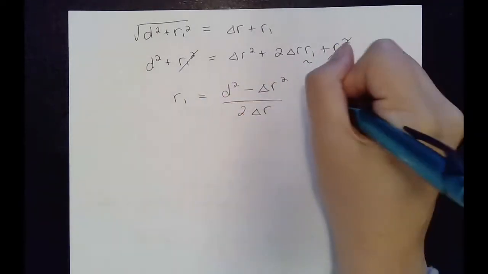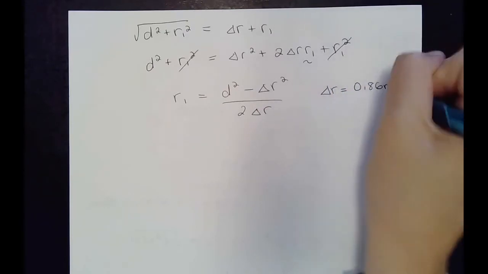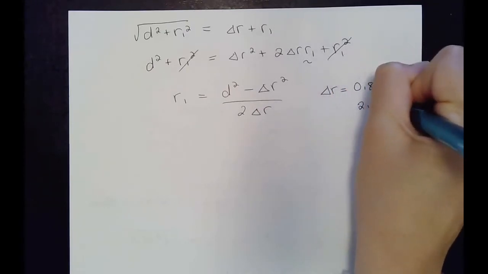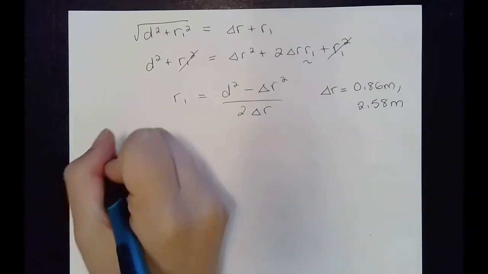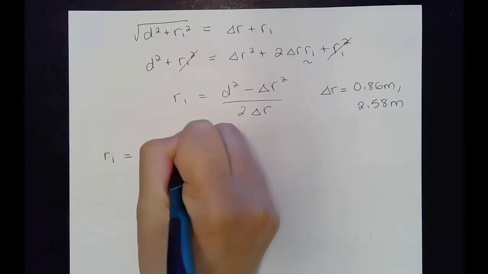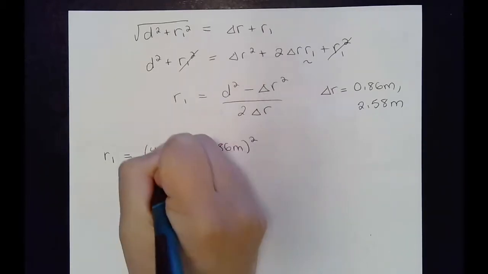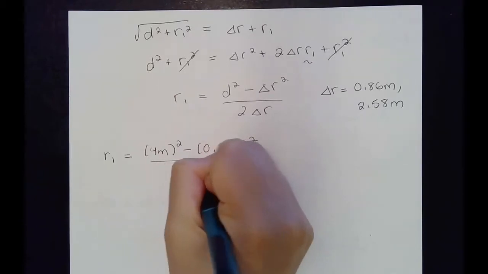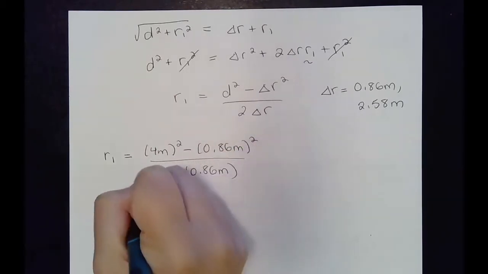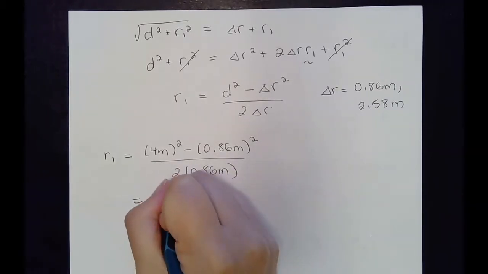Then again, I'm going to plug in delta r is 0.86 and 2.58. So for r1, one solution is 4 meters squared minus 0.86 meters squared, over 2 times 0.86 meters, and that one gives me 8.87 meters.